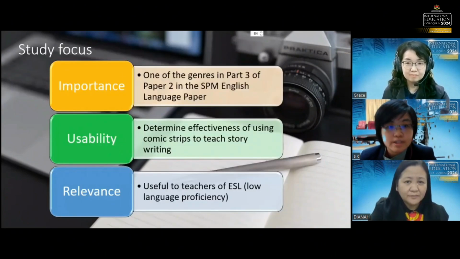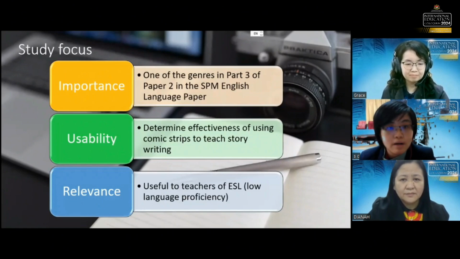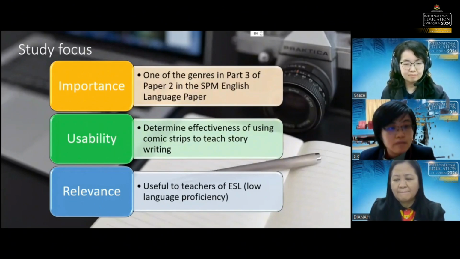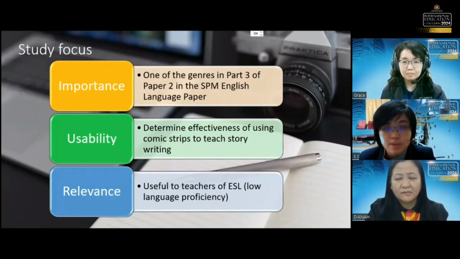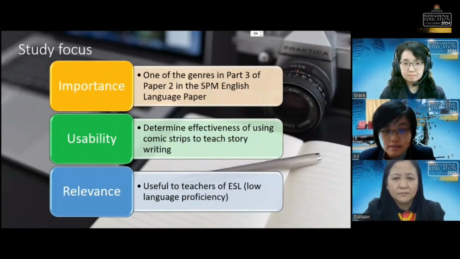The focus of the study is based on the concept of importance, usability, and relevance. The current study is important because story writing is one of the genres that will be tested in Part 3 of Paper 2 in the SPM English Language paper for the past 10 years.